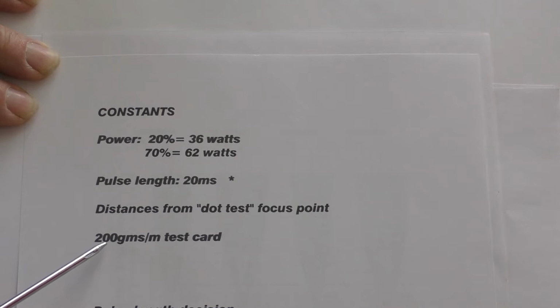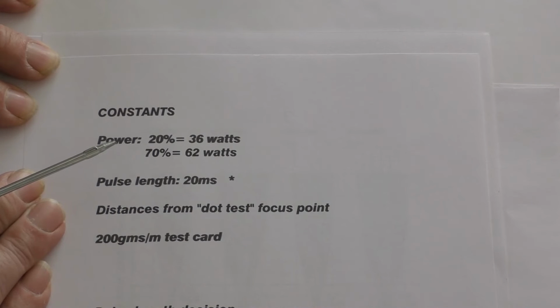Now all the tests were carried out with the same material, this 200 gram per square metre test card. First of all, the card has got a destruction threshold where it will burn right the way through.